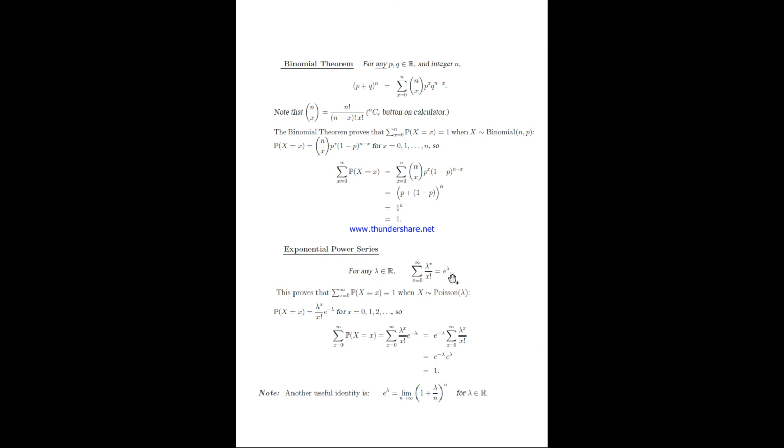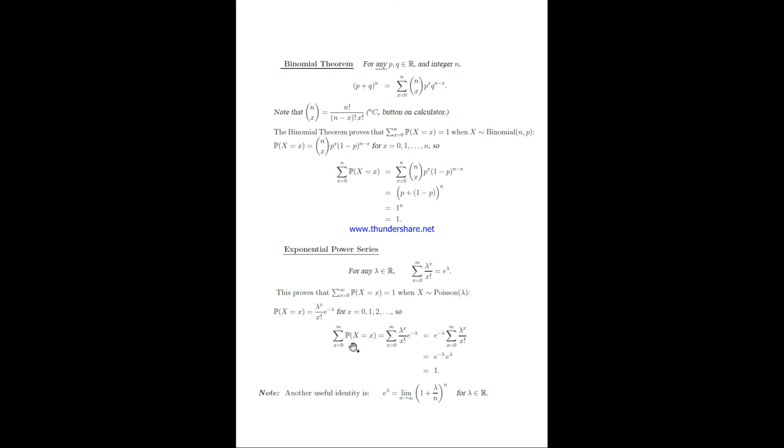So let's see how we are going to show that the summation of all the possible probabilities adds up to 1 when x has a Poisson distribution with parameter lambda.